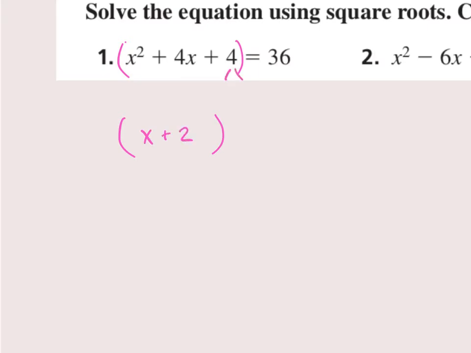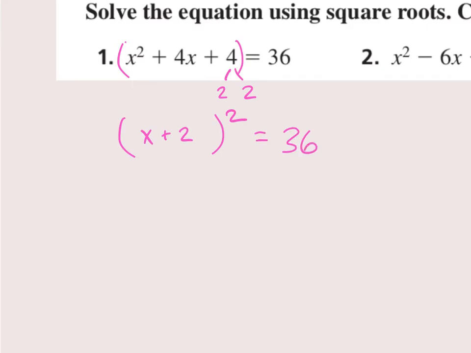We can see that 2 factors of 4 are 2 and 2, and they add up to 4. So if we were to factor this out, just like how we were doing before, it's nothing new. We would have x plus 2, which is the same thing as x plus 2 squared. We have it twice, so we can just write x plus 2 squared. And it's equal to 36.